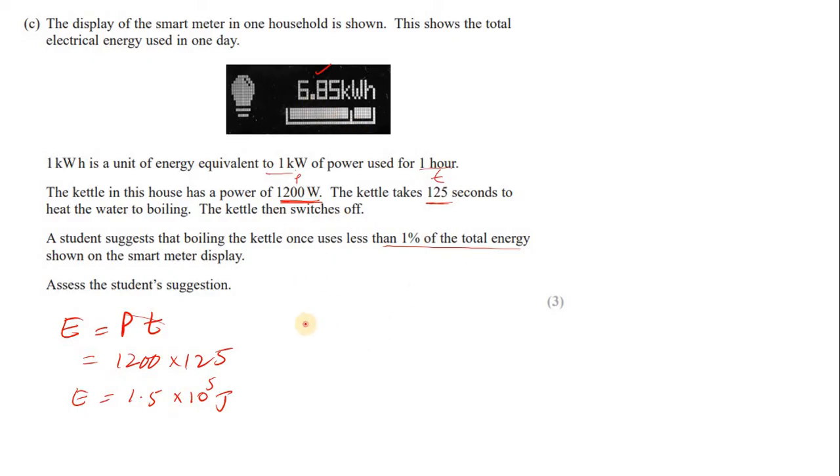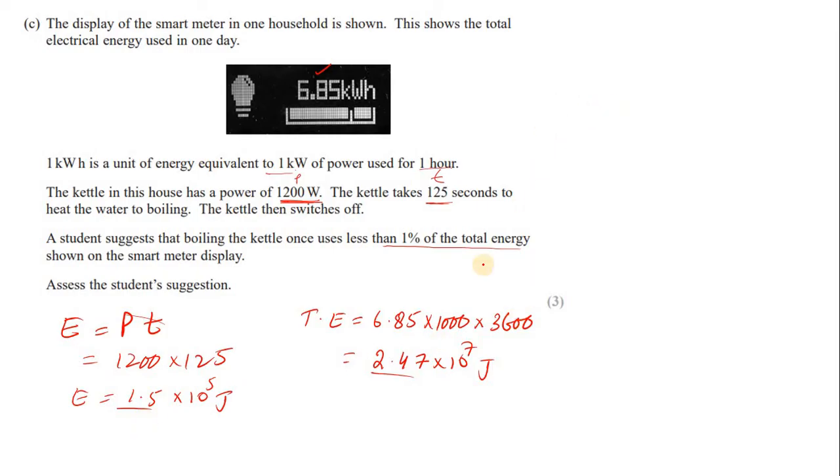So total energy is 6.85 into, because kilo, 1000, into 1 hour, 3600. So the total energy used is 2.47 into 10 to the power 7 joule. This is the total energy, and we need to find how much percentage of the total energy is 1.5 into 10 to the power 5.